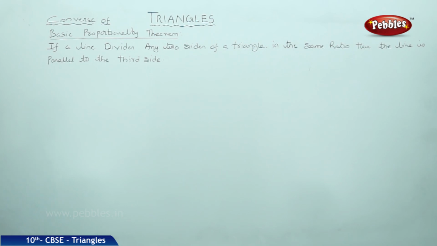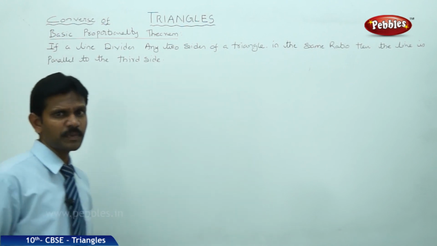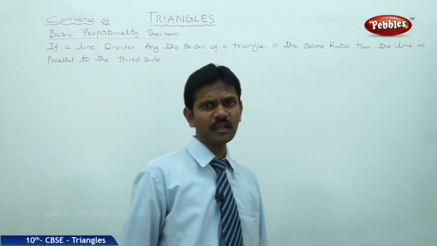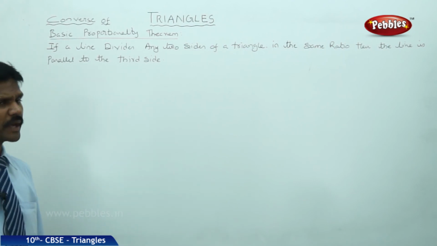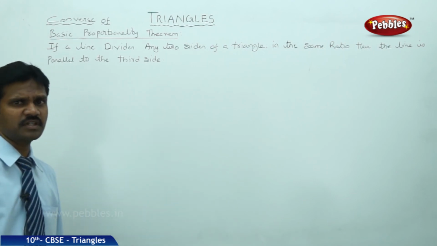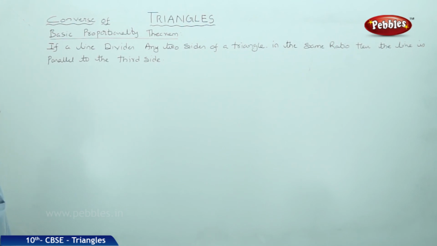Once again, recall the basic proportionality theorem. What is the statement of the basic proportionality theorem? If in a triangle a line is drawn parallel to one side of the triangle, it divides the other two sides in the same ratio.